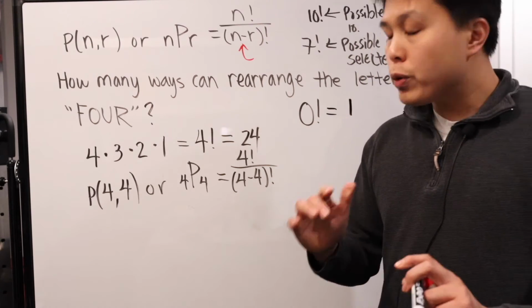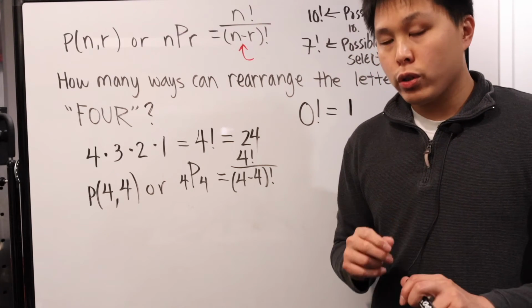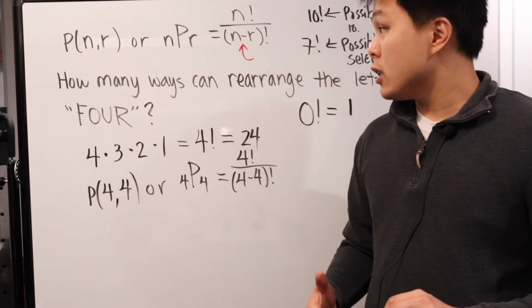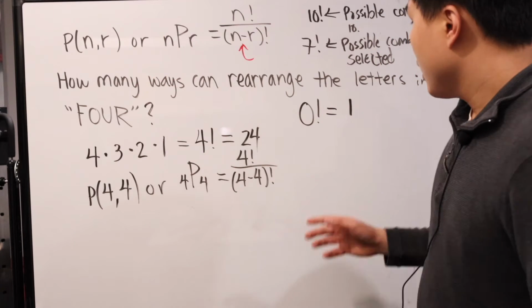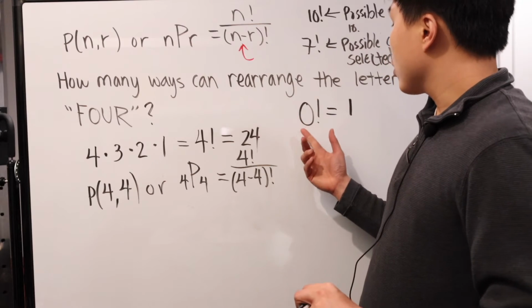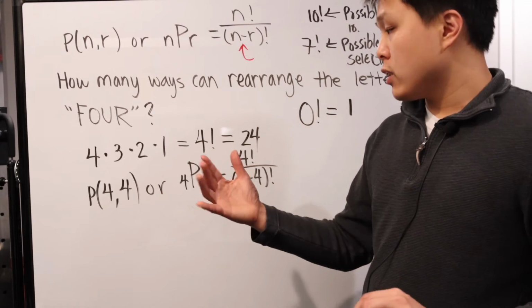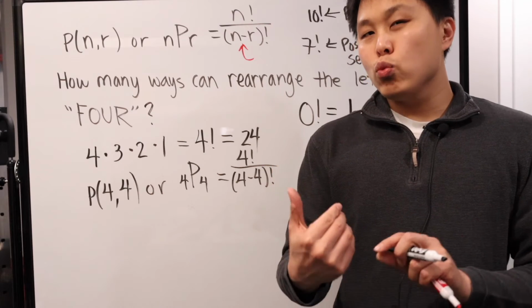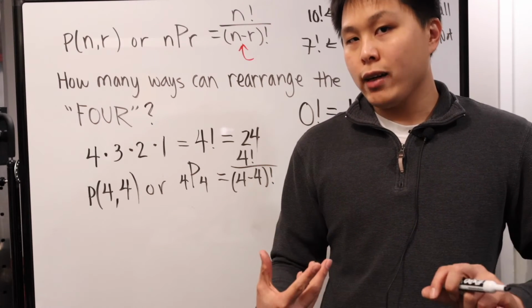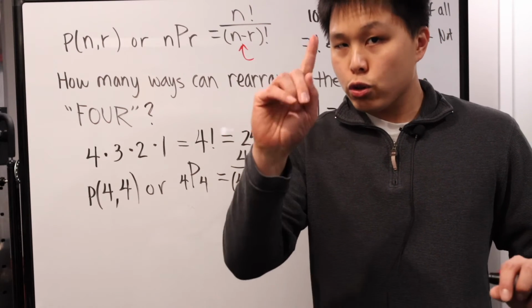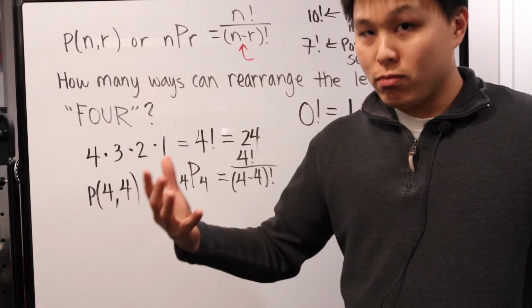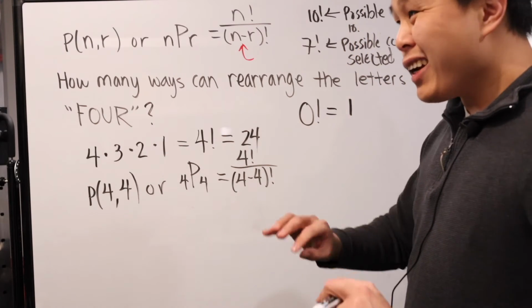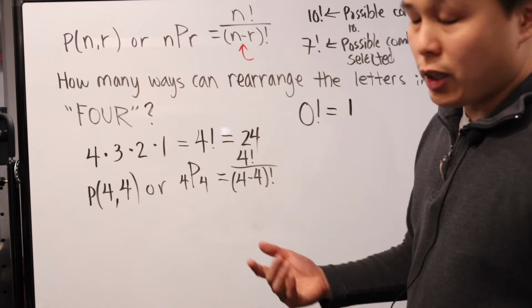When I was looking up the reason why they say 0 factorial is 1, the most believable explanation is actually talking about permutation. Remember, the factorial is how many different ways of rearranging. 0 factorial means how many ways can you really rearrange 0 items, no item at all. Well, technically there's only one way, and that's nothing. So that's why they say 0 factorial equals 1. And I accept that a little more than some of the other explanations I've seen.